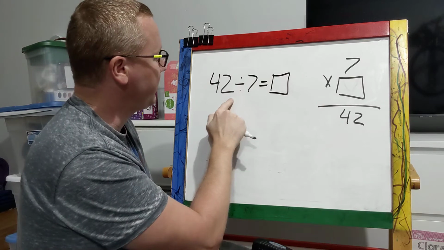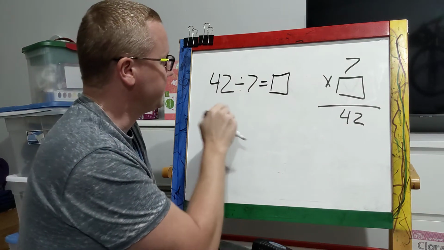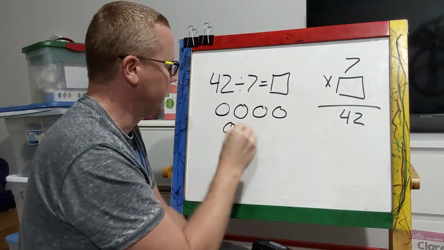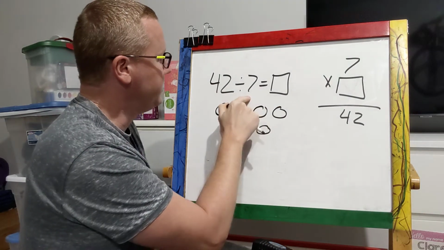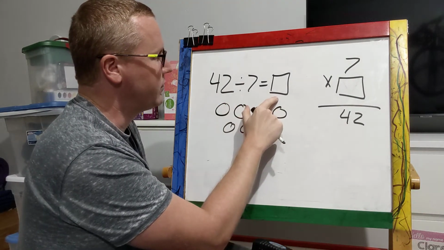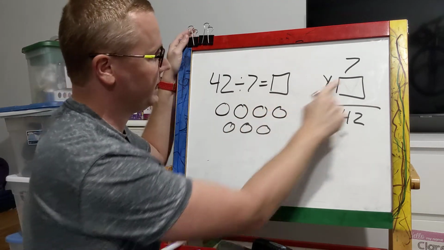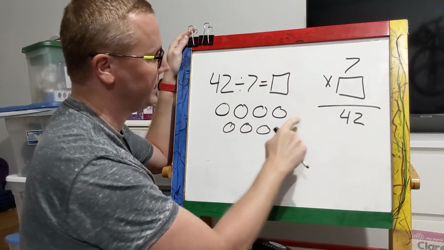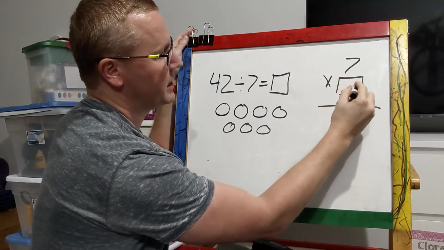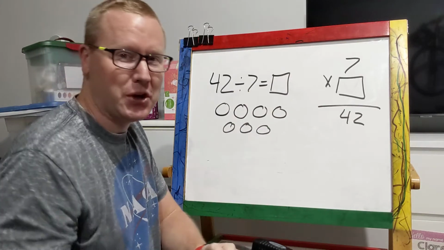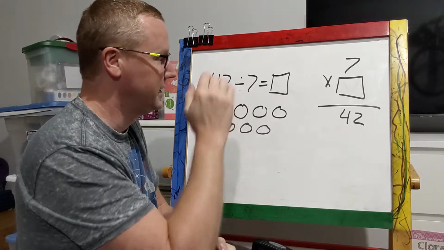If I divide 42 into 7 groups, so I draw it, how many would be in each group? Again, I have my 7 groups here, and here we're trying to find out how many are in the groups. Hopefully that makes a little bit of sense.